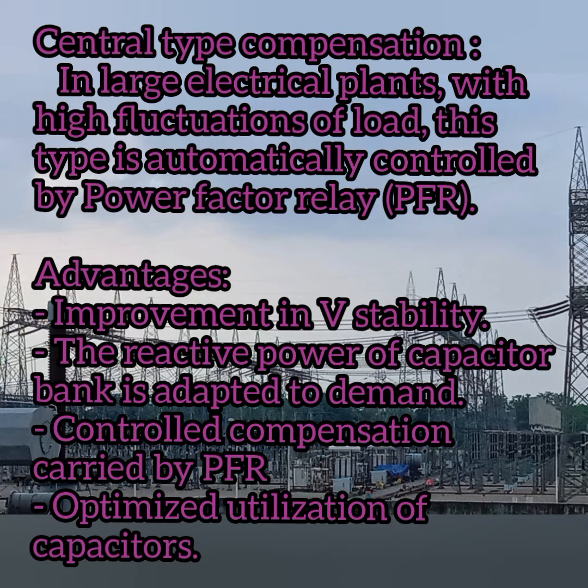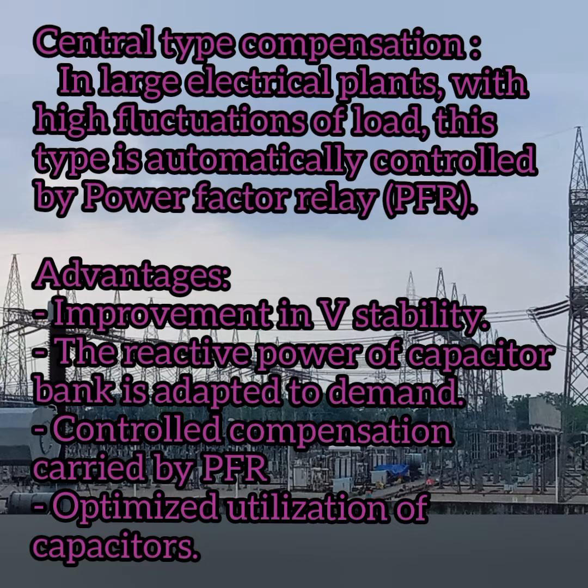Next is your central type compensation. In a large electrical plant with high fluctuation of load, this type is automatically controlled by a power factor relay. The main advantages are improvement in voltage stability, the reactive power of the capacitor bank being adapted to demand, and controlled compensation, which means we can automatically compensate at a controlled level with the power factor relays, optimizing the utilization of your capacitors.